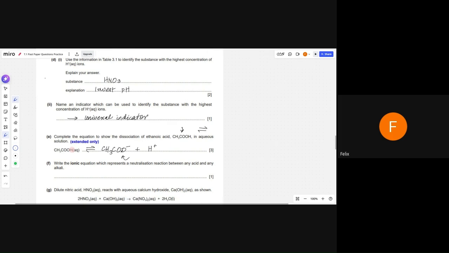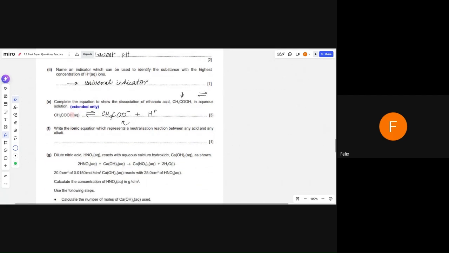Now write the ionic equation which represents a neutralization reaction between any acid and any alkali. Remember that the actual ionic equation, when any acid and alkali react, is the formation of water. H plus and OH negative make H2O.